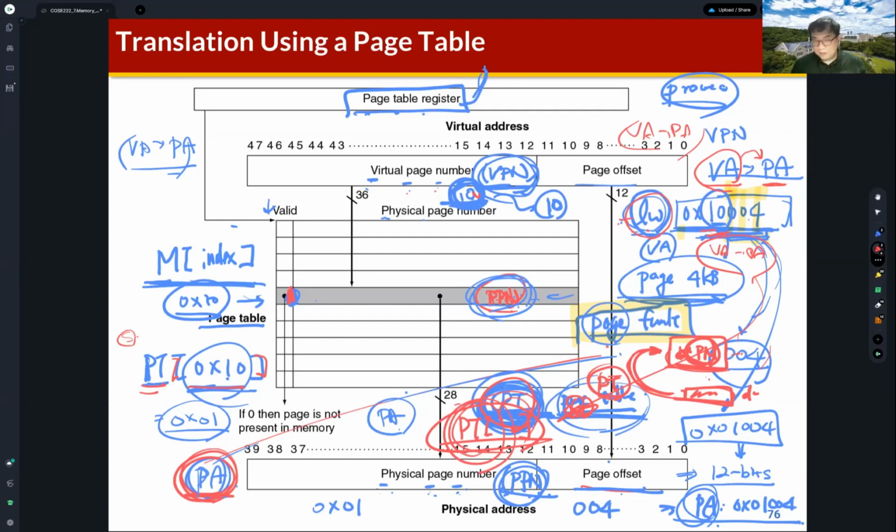Then how can we avoid this long memory latency for accessing the page table?